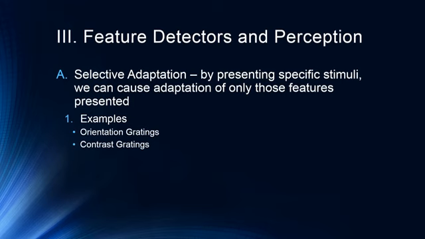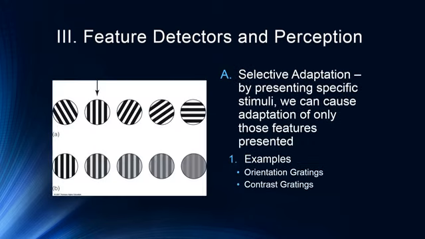Here in a moment, we're going to look at a motion detection illusion, and I'll send you off to some websites you can visit to look for this particular illusion. We can also look at things like orientation gratings and contrast gratings. You can have someone look at one of these stimuli for a period of time, adapt out those features, and then see what features you can and cannot detect.